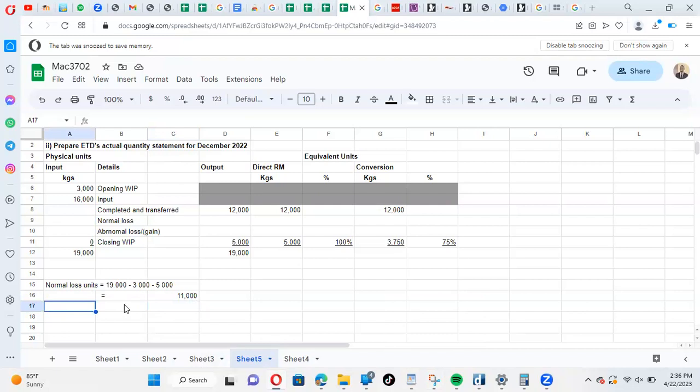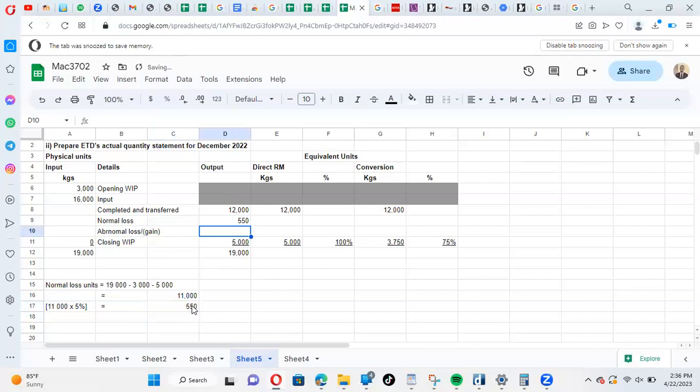So what else do we then do? 11,000 units are going to be subjected to the normal loss. We then do the normal loss of 5% there, which is going to be 0.05 times 11,000. That gives us 550. So only 550 there goes to our normal losses.